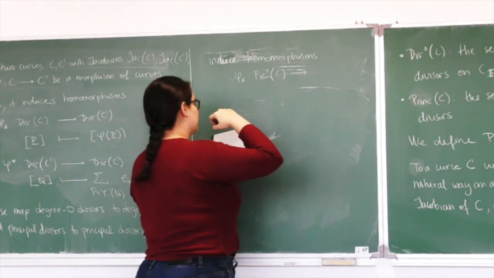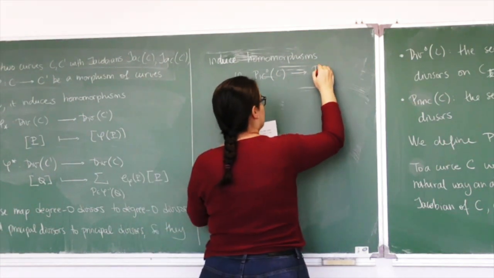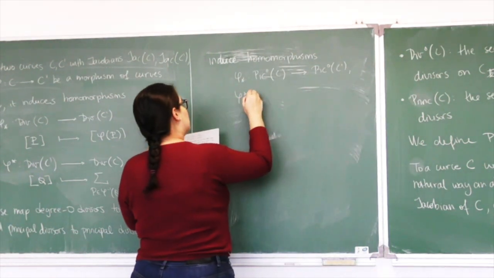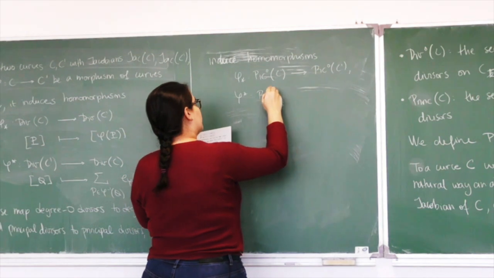So phi lower star from Pic 0 of C to Pic 0 of C prime, and phi upper star in the other direction.